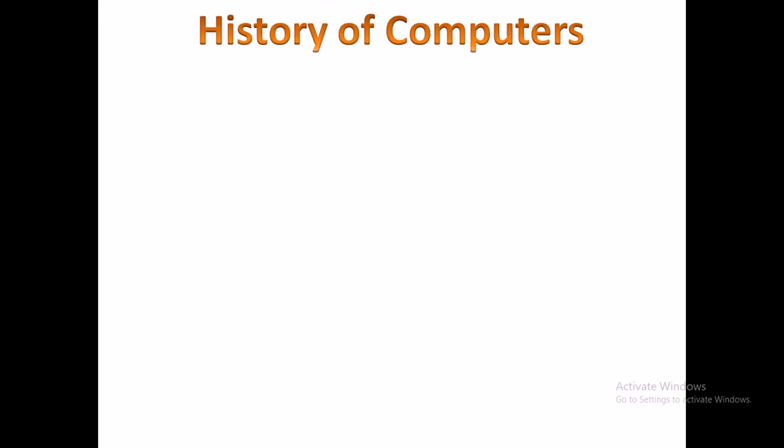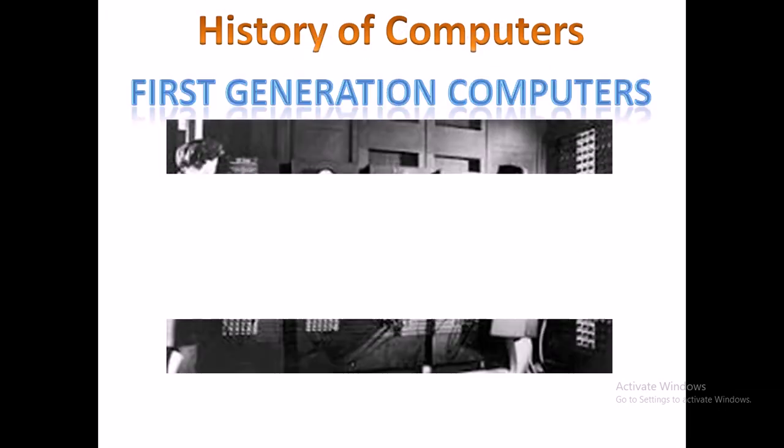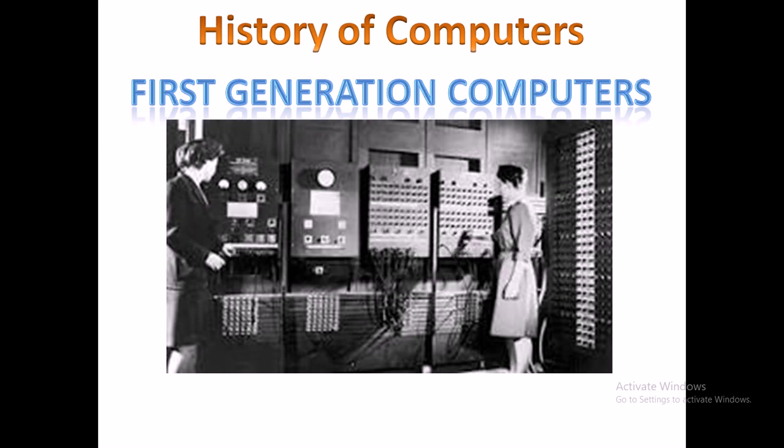The ENIAC was so large that it would occupy a big hall. It had around 18,000 vacuum tubes and consumed a large amount of electricity.